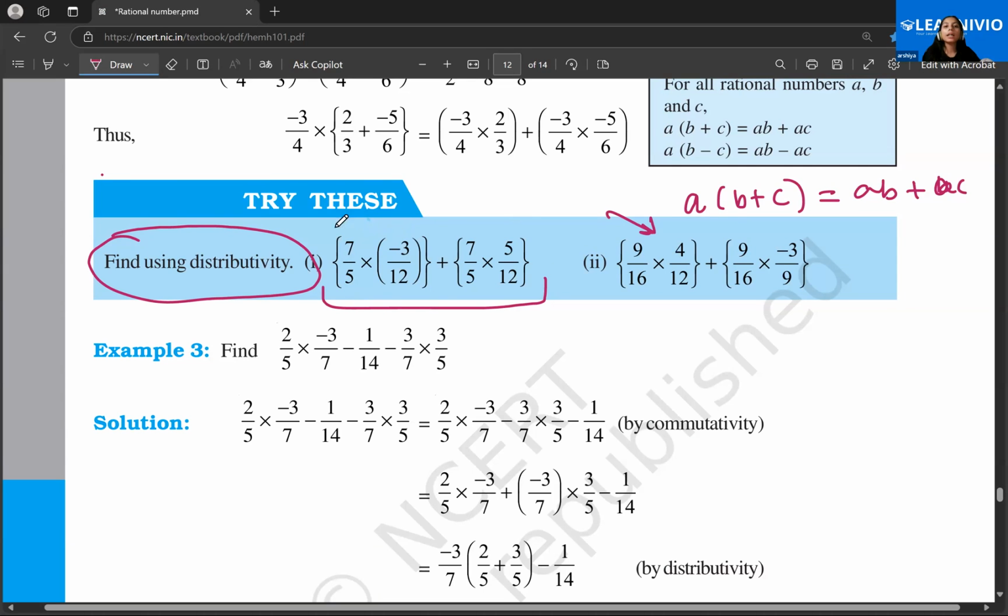So if I look at this one, we have 7 by 5 times negative 3 by 12 plus, so basically two more numbers. 7 by 5 is common. So 7 by 5 is multiplying, like a, with this as b and this as c.